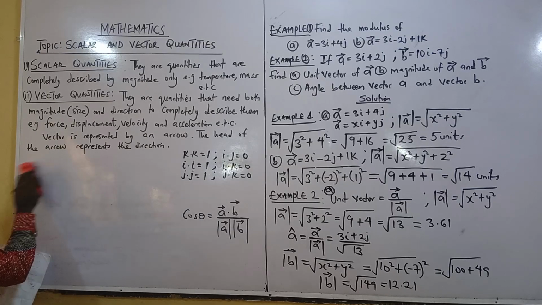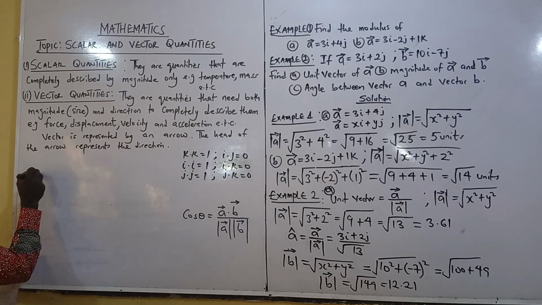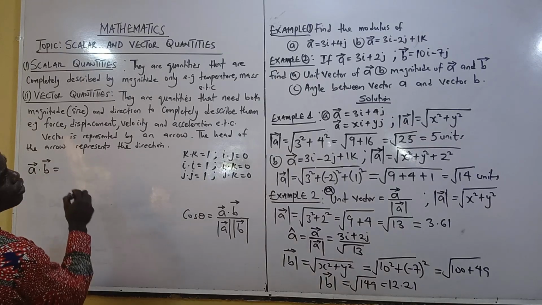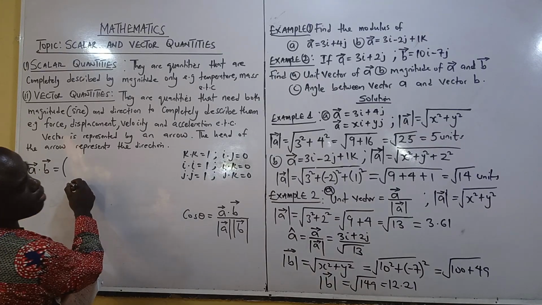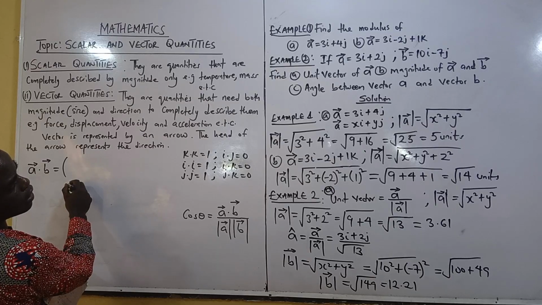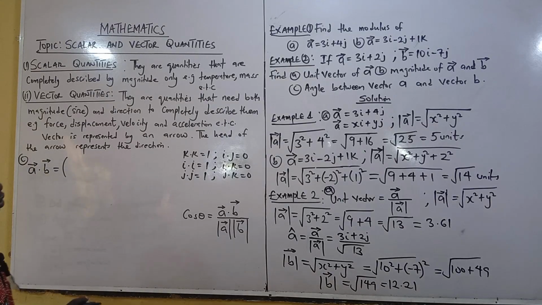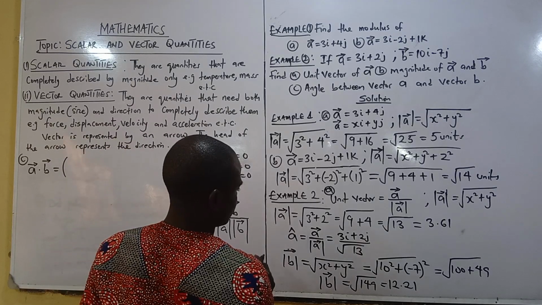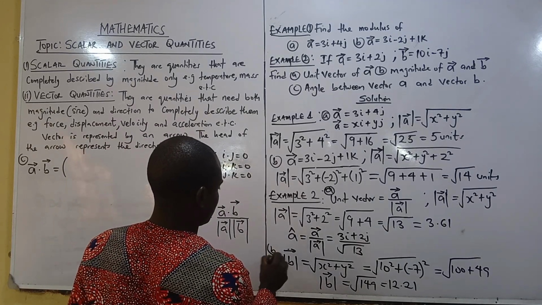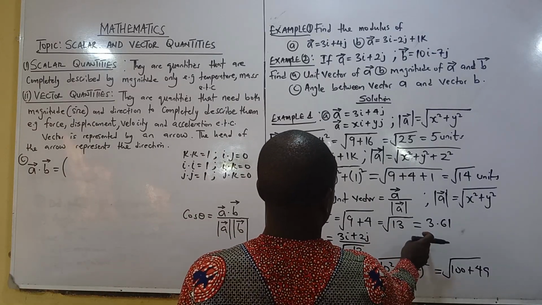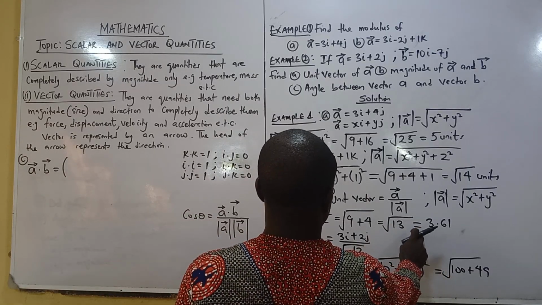Let's look for A dot B, vector A multiplied by vector B.